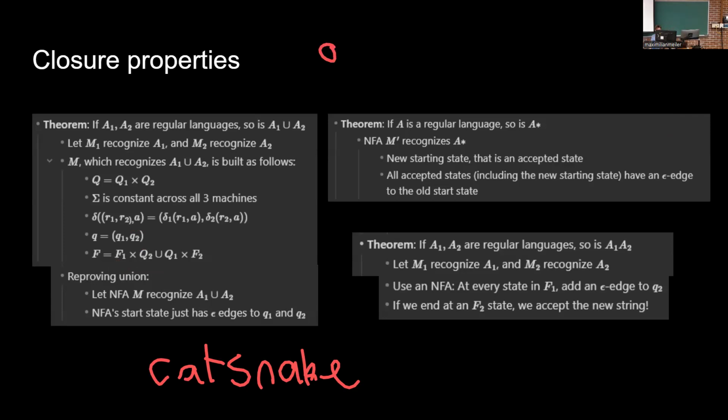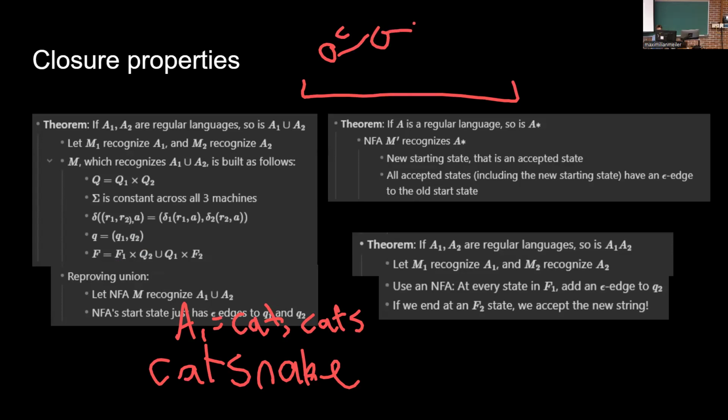So say A1 recognizes both cat and cats, right? So we'll have A1 here, and this will be C, A, T, then S, right?